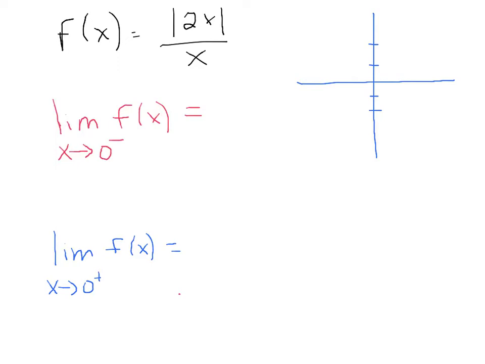The graph looks something like this. Kind of missed the mark there, but that's going to be the point 0, 2, and it's going to be coming this direction from the point 0, negative 2.